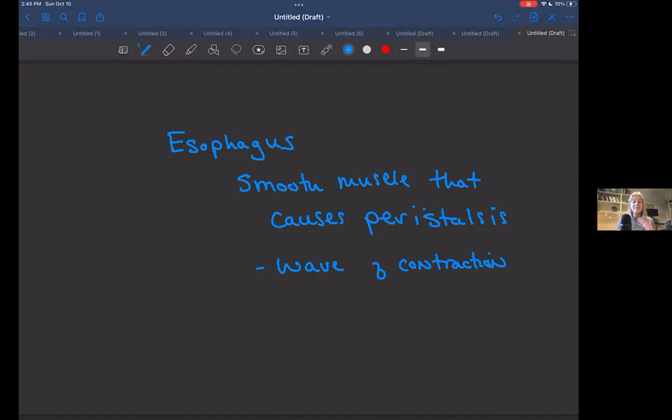So one of the things that's interesting is that after you swallow, your esophagus takes over and it is involuntary. It squeezes and relaxes and squeezes and relaxes, forcing the food down this tube and into the stomach. That alternating contraction and relaxation can sometimes be felt if you get something stuck in your throat.